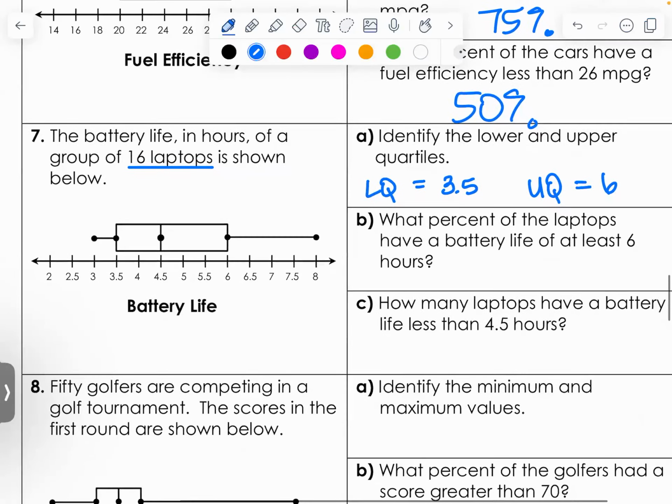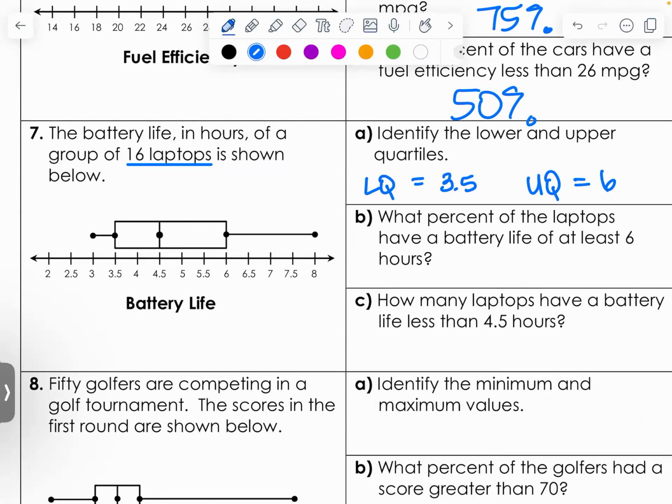The percent of laptops that have a battery life of at least 6 hours. Here's 6. How much of the data is at least 6 hours? At least 6 hours means 6 or more.